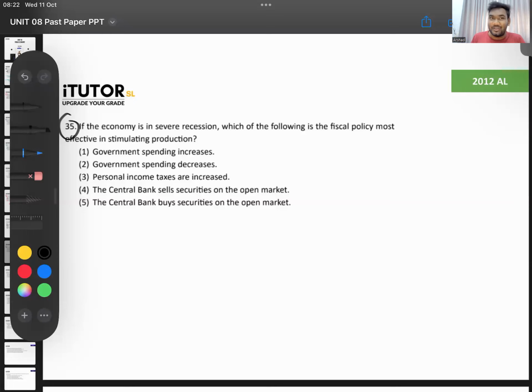So what should the government do? During COVID, fiscal policy, what should they do? Government spending has to increase. What should happen to taxes? Taxes should reduce. In other words, what if they talk about a budget deficit?